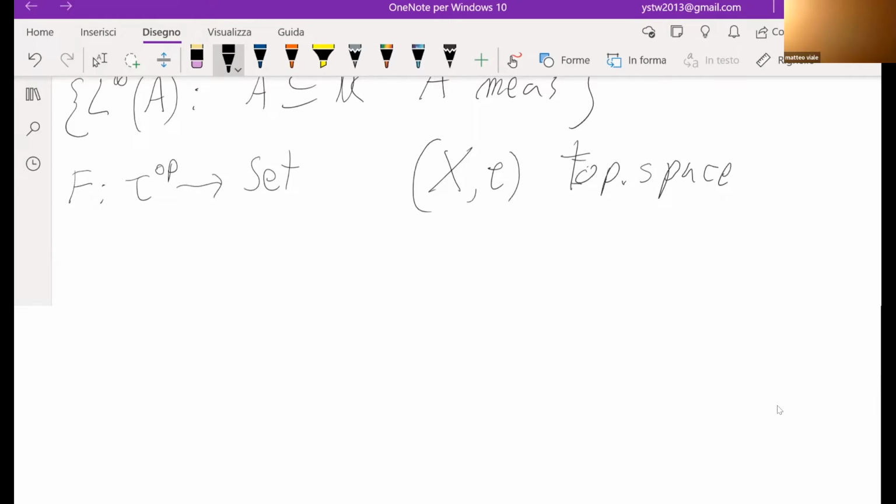For the moment, let me omit other categories, so I'm considering just values in Set, not values in some algebraic category like groups or rings, in which case I should plug in the relevant language. In the case of Set, I just need to give a meaning to equality, but what I do with equality then easily transfers to the algebraic operations or relations one is interested in, if the target is a richer category of objects.